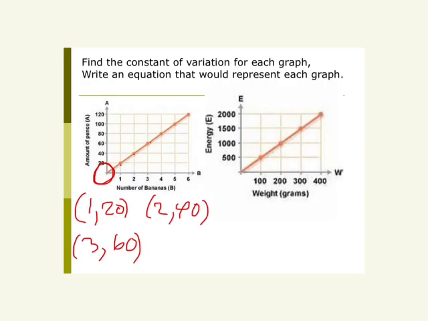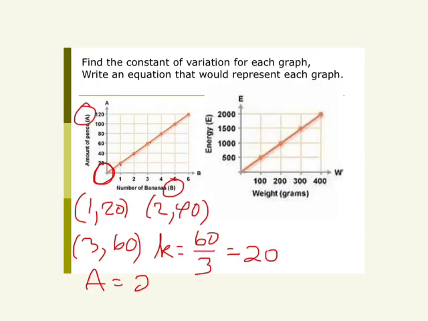And if you've noticed, the k, if I take the y divided by x, would be the same every time, which would be 20. So in this case, using the variables that they're giving me, I would have a is equal to 20 times b.